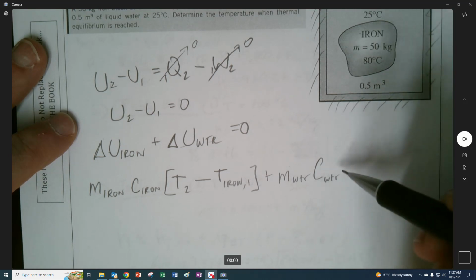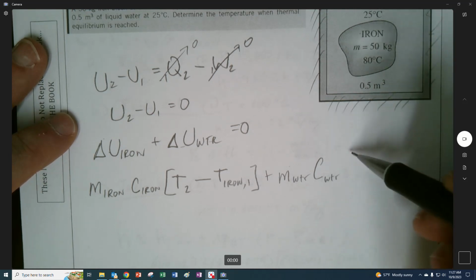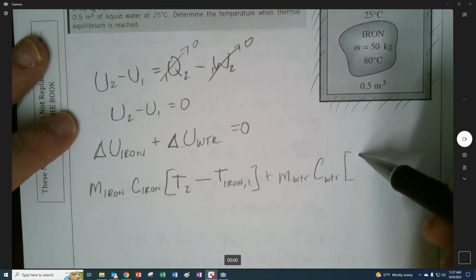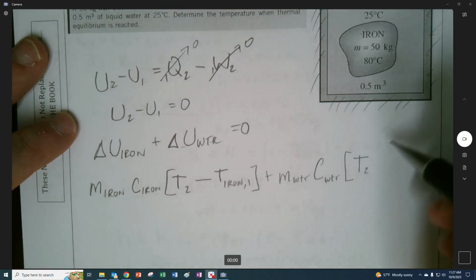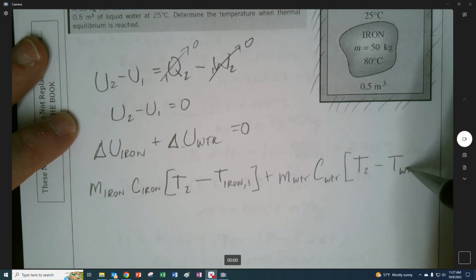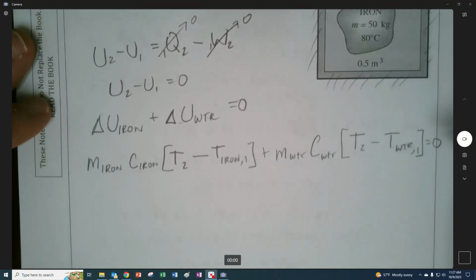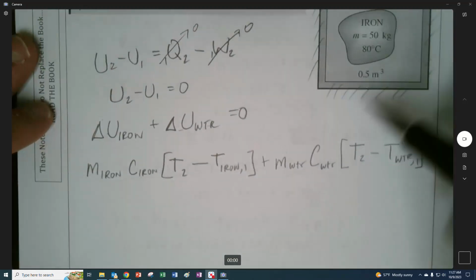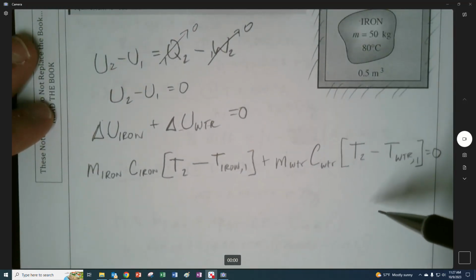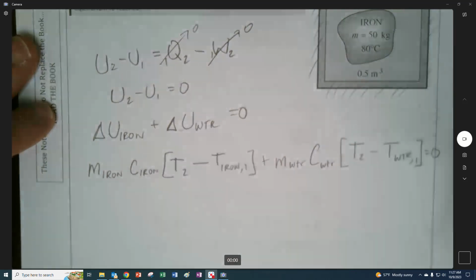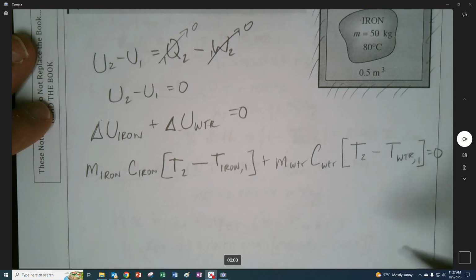Actually, I think for liquids we usually say CP, because the volume doesn't change. Minus T water 1 equals 0, right? So we haven't done a problem exactly like this, but it seems to be a thermodynamic heat transfer problem dealing with specific heats that's worth looking into.